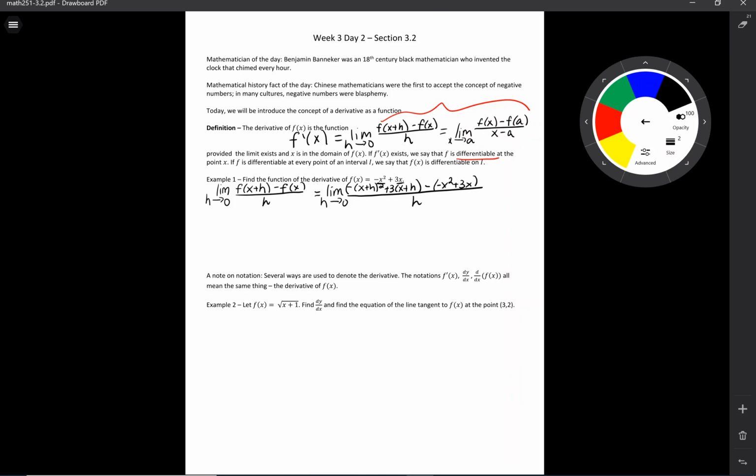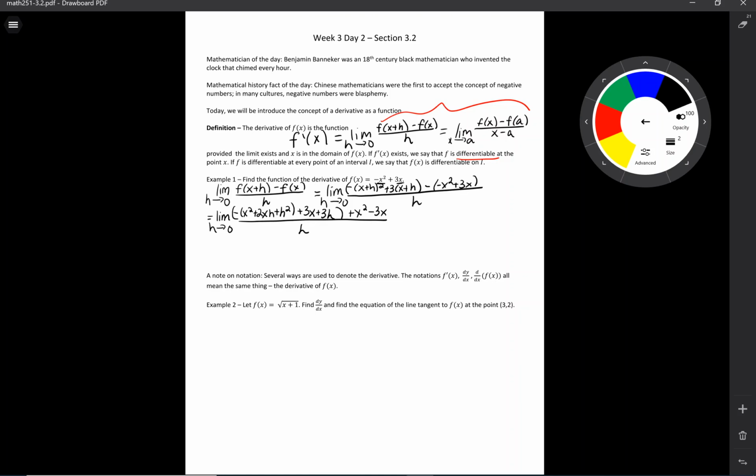Okay, well, if I expand the first term, this gives me the limit as h goes to 0. And then this gives me negative x squared plus 2xh plus h squared plus 3x plus 3h plus x squared minus 3x, all of this over h.